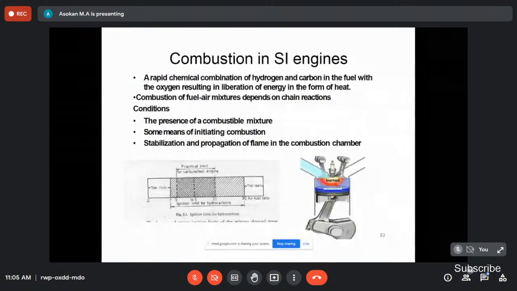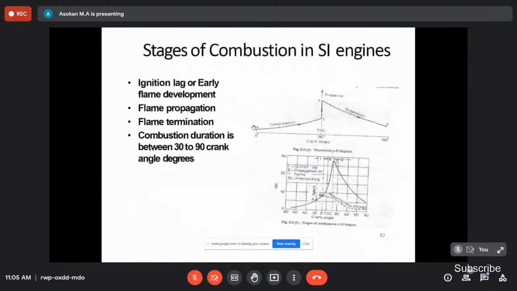Okay. Types of combustion. This shows the theoretical and the actual. In theory, once the piston reaches top dead center, the heat is immediately supplied to the engine at constant volume.